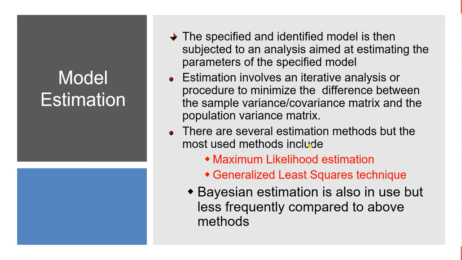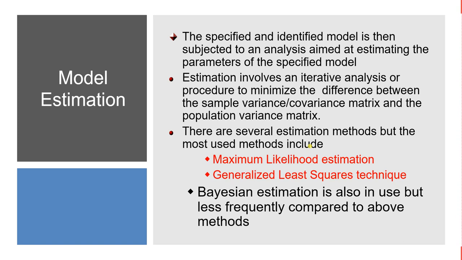And for achieving this minimum difference between this model, there are different methods of model estimation. The most commonly used method is maximum likelihood estimation, and almost all software meant for structural equation modeling provide this.